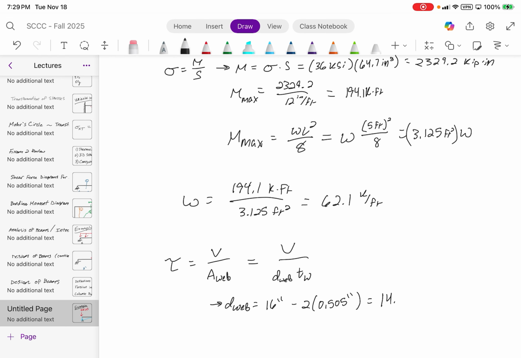I got 99. 16 minus 2 times... Yeah, you're right, 14.99. All right. So we have a shear force divided by 14.99 inches. And then what's the thickness of the web? 0.305. I'm actually just going to leave that there.